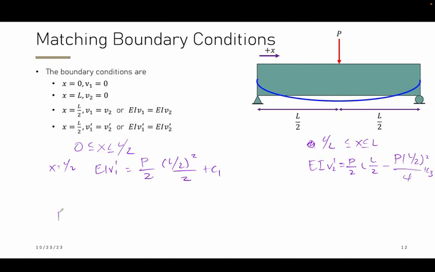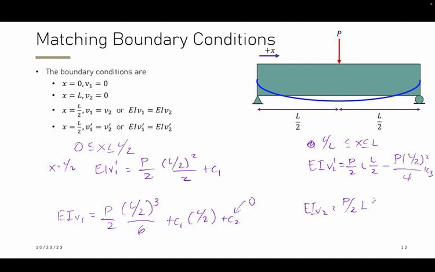And we can get our deflection equation, which is EIV1 equals P over 2, L over 2 to the third over 6 plus C1 L over 2 plus C2. And C2 is 0. So now we can get EIV2, which is equal to P over 2, L over 2 squared minus P, L over 2 cubed over 12 plus C3 L over 2 plus C4.